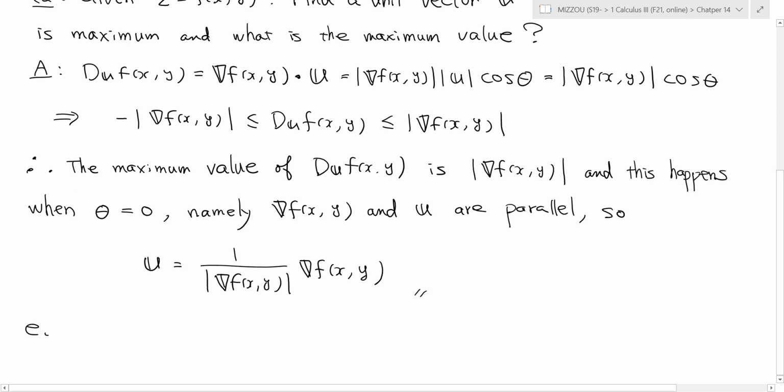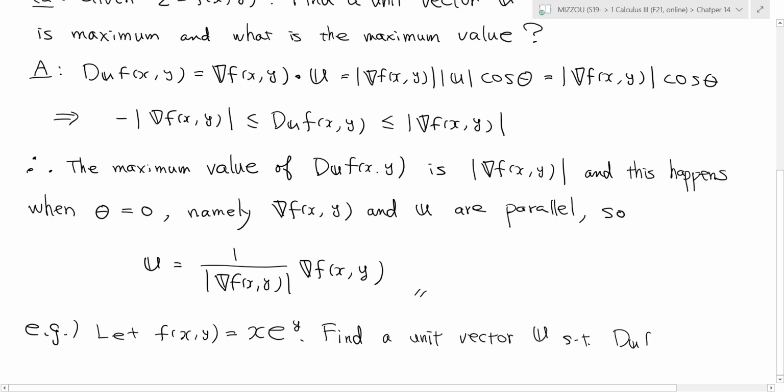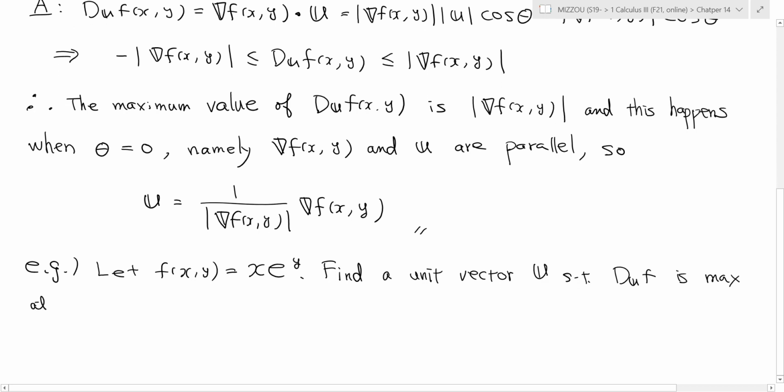So for example, let's work out an example. Let f of x, y be x e to the power of y, and now find a unit vector u such that the directional derivative is maximum at this particular point (-1, 0), at x equal to -1 and y equal to 0, and then find the value.